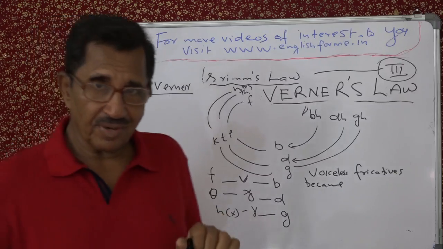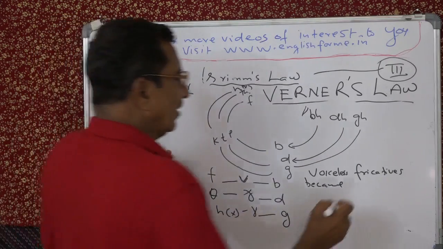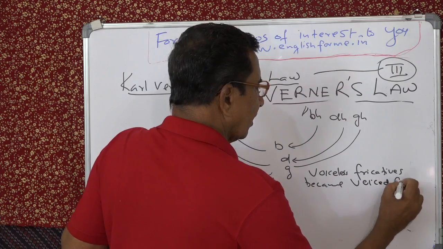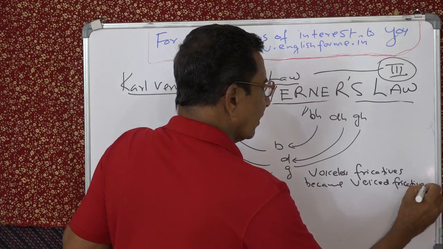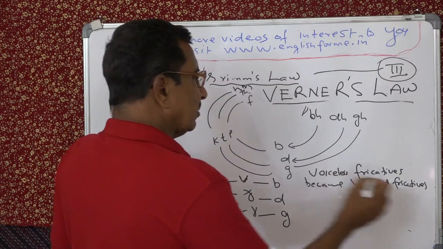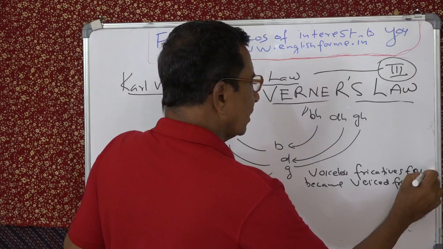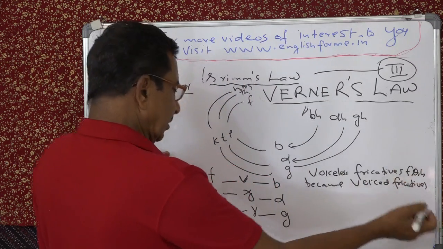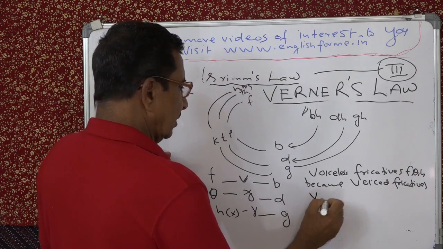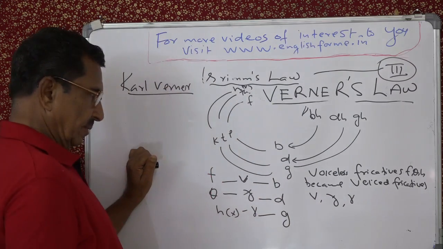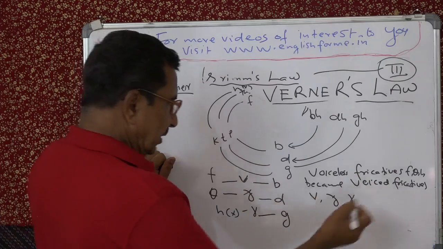One thing, it did not happen in one day, as I told you always. Voiceless fricatives, that is f, th, h, became voiced fricatives v, the, and h. And then voiced fricatives.